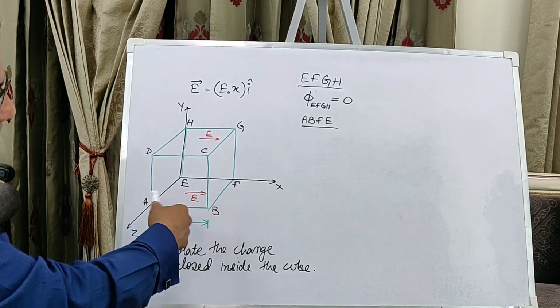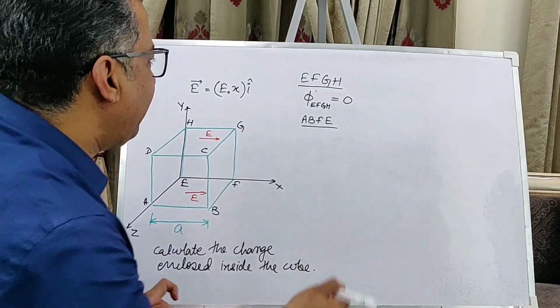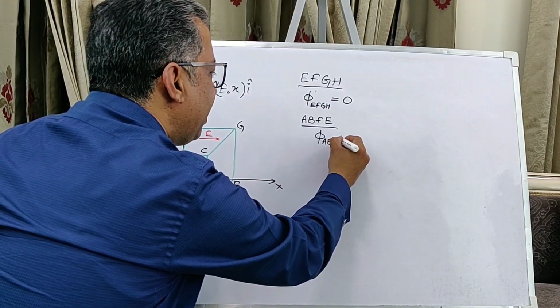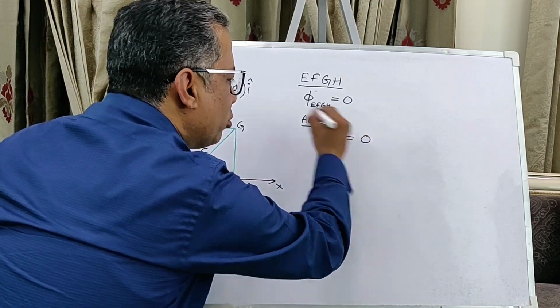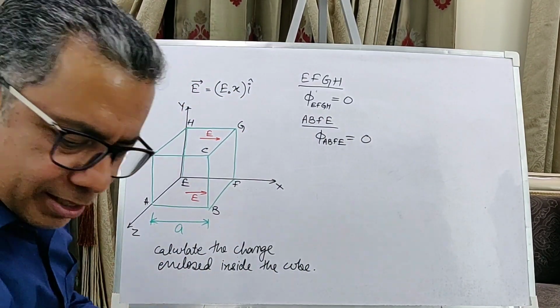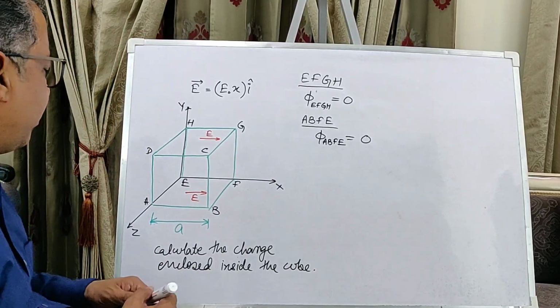Since the electric field is again tangential to ABFE, the flux through ABFE is also 0. Now there will be a lot of faces here where we'll have 0 flux.